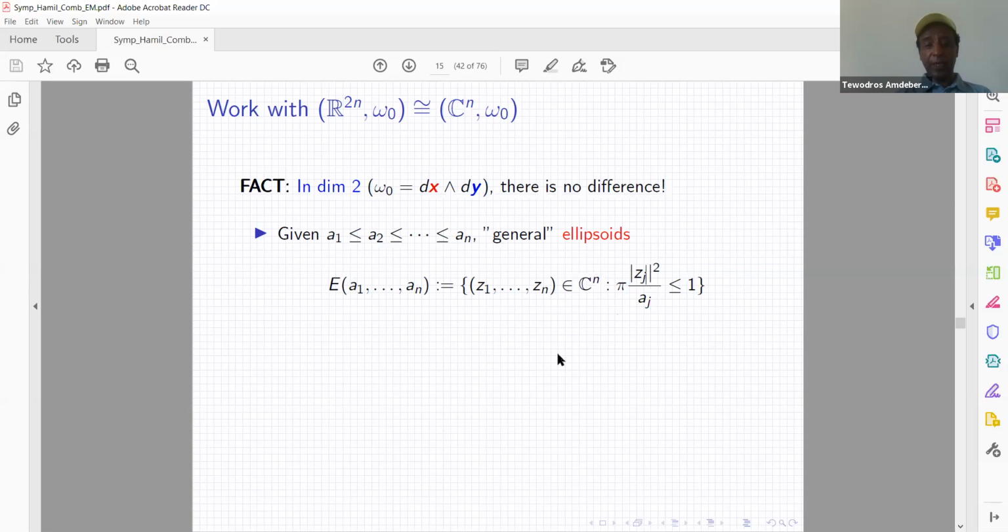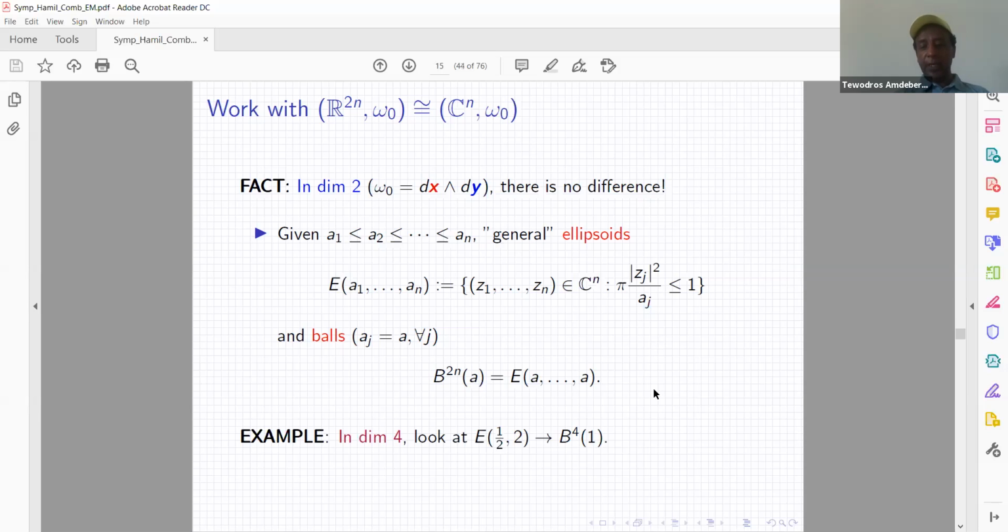So this is an ellipsoid by definition. And any ellipsoid, even though you can twist them around, can be symplectically translated this way into an equivalent form. So this can be considered quite general. If all the A's at the bottom here are the same, as you would guess, it will be a ball in 2n real dimensions or n complex dimensions. Not just a notation. Now let's look at dimension 4.